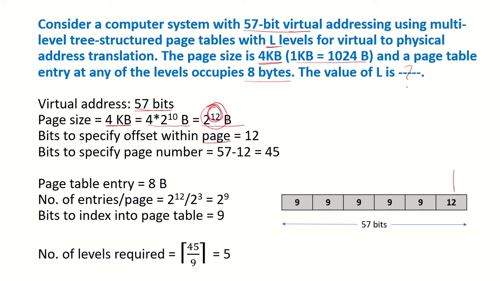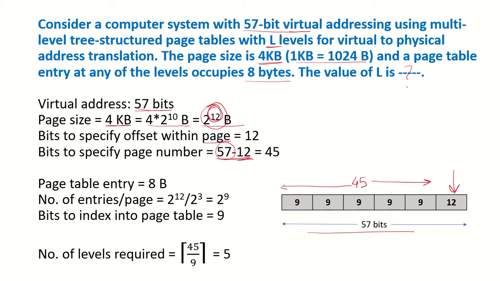So now if 12 bits in that whole 57 bits are being used to go into that offset within the page, then how many bits are left to specify the page number? 57, which was the total number of bits, minus the bits for the offset. So 45 bits are left to specify the page number.